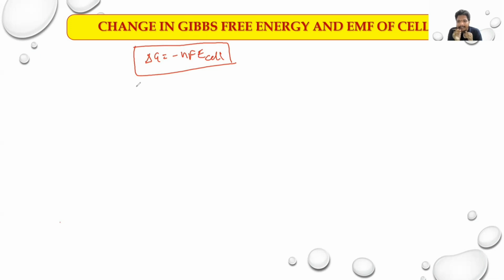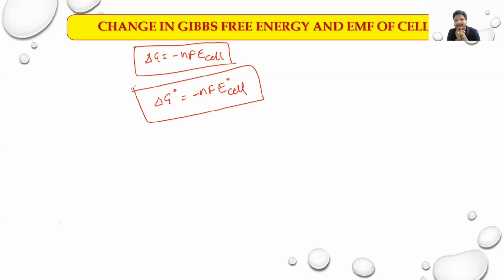particular electrochemical reaction. You know the significance of this delta G as you have studied in thermodynamics. Here n is the number of moles of electrons transferred from anode to cathode. Electrons flow from anode to cathode, and current flows from cathode to anode. F means Faraday's constant, which has the value 96,500 coulombs.